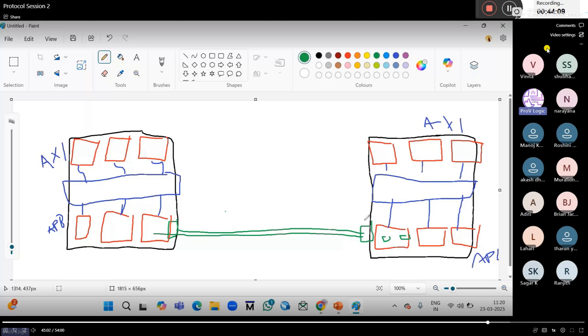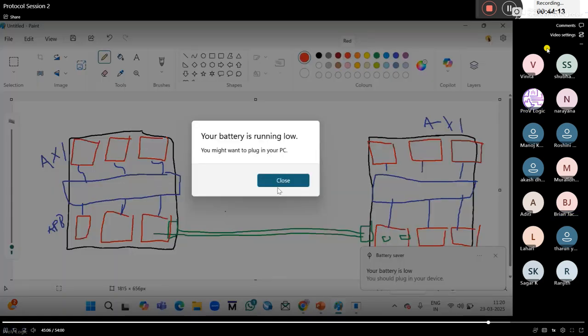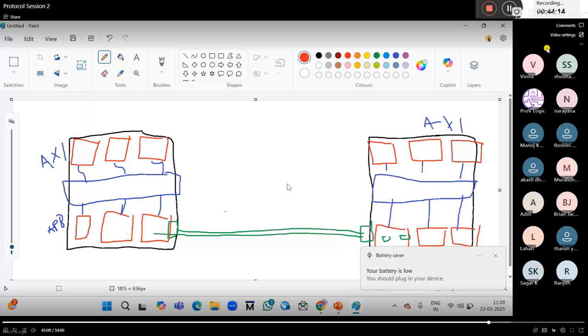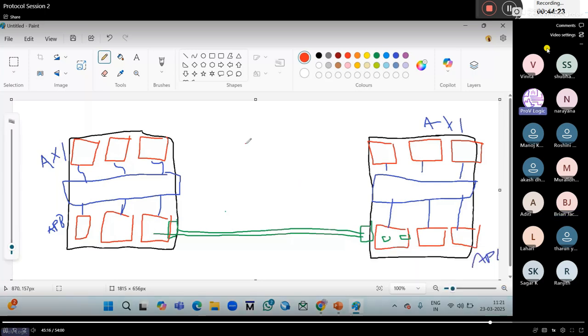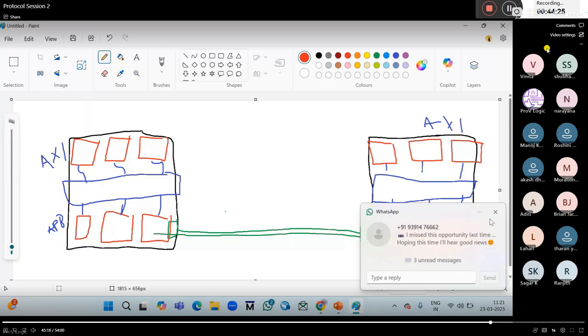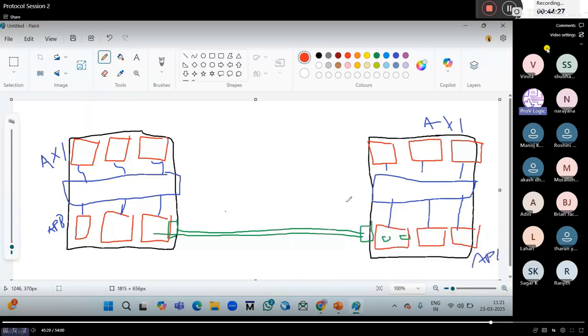See, encoder is nothing but, suppose you're typing some message in your mobile phone.